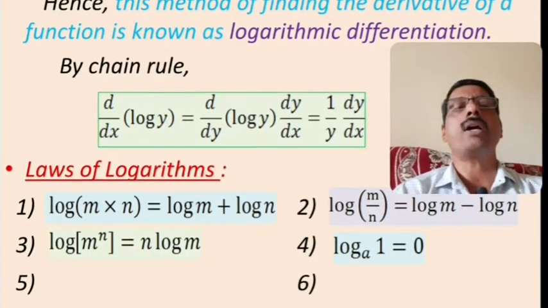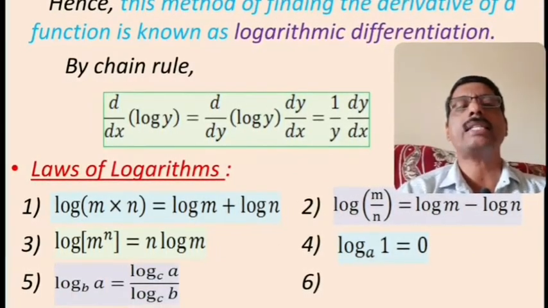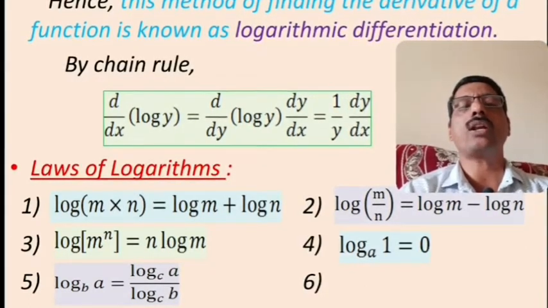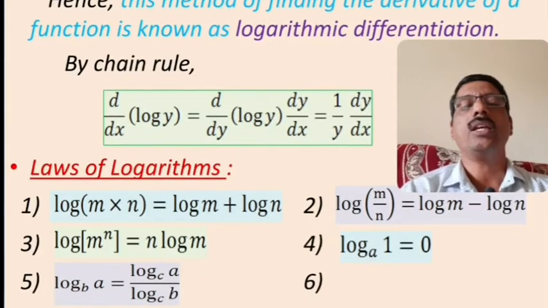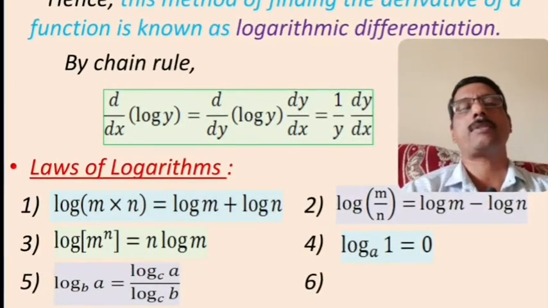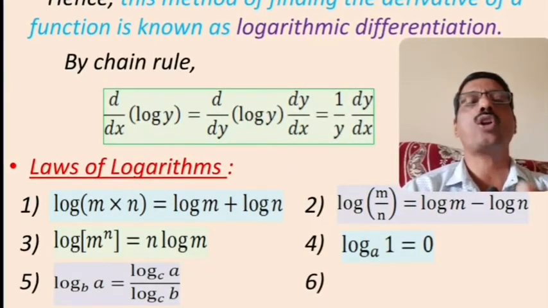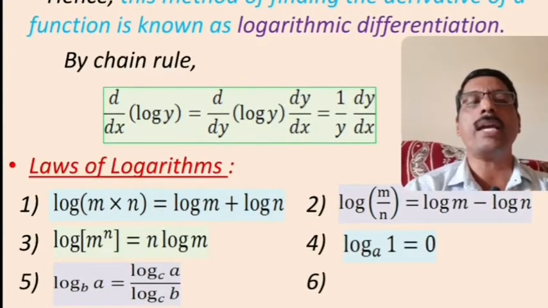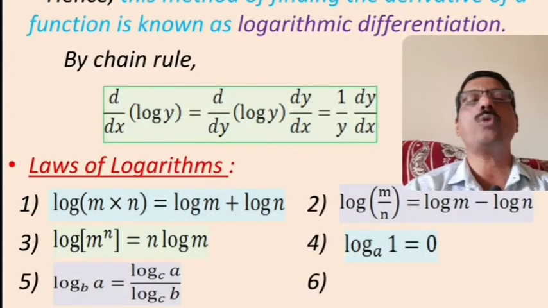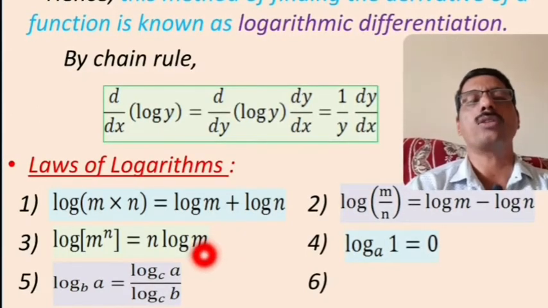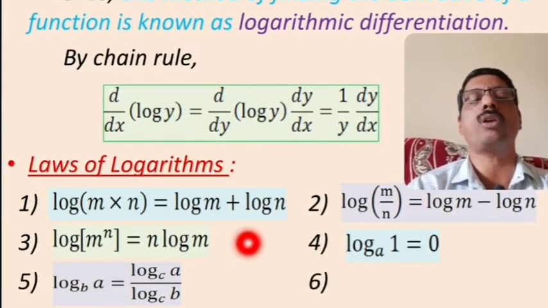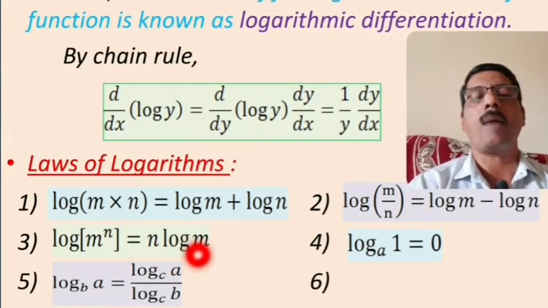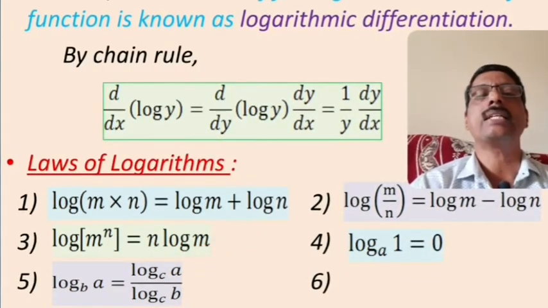Now the next very important one, that is the fifth law. If the given function has base b and the argument is a, and you take log of a to the base b, and you want to change the base, then that law is called the change of base law. If you have to change the base of the logarithm, then we apply the formula log of a to the base b equals log of a to the base c upon log of b to the base c.